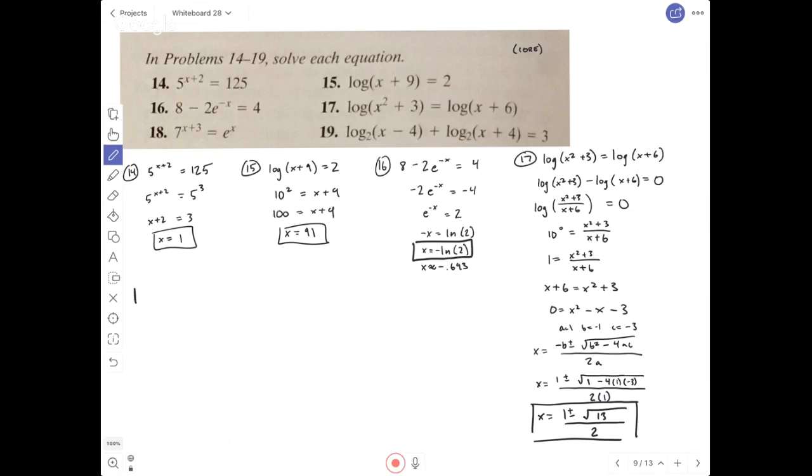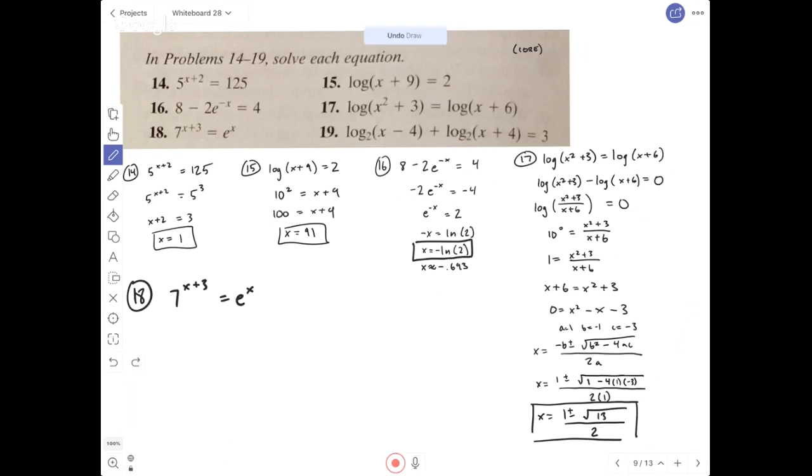Okay. 18. 7 to the x plus 3 equals e to the x. So if 7 to the x plus 3 equals e to the x, let's see. Well, I'd like to get 7 to the x plus 3 equals e to the x.